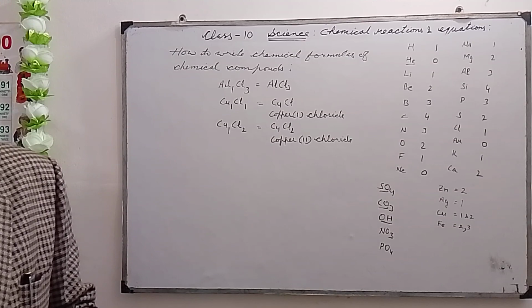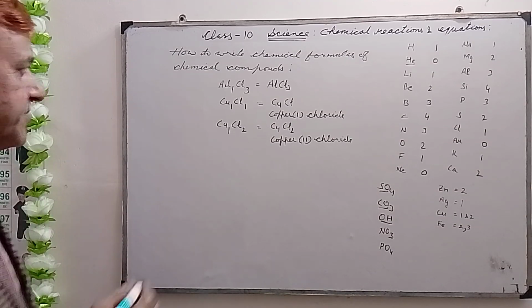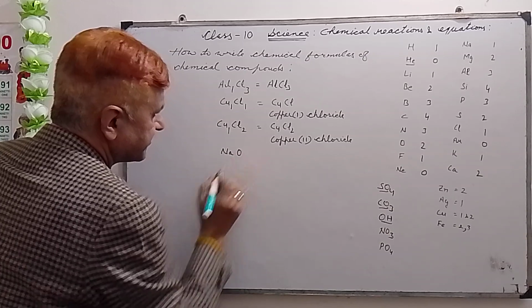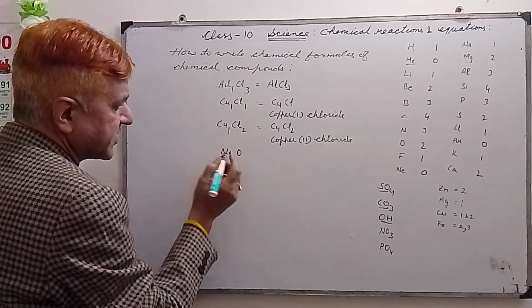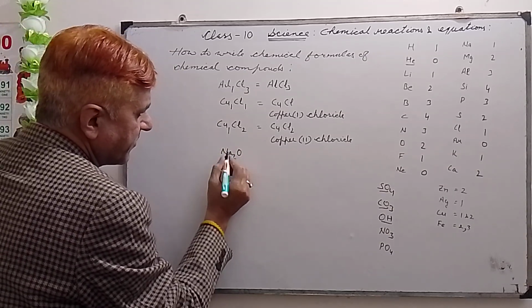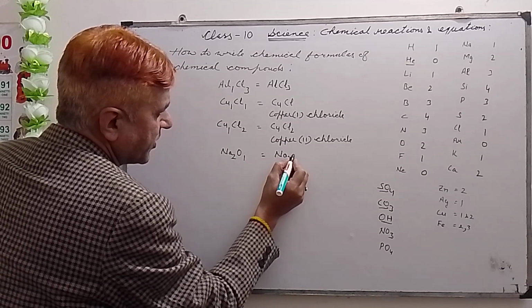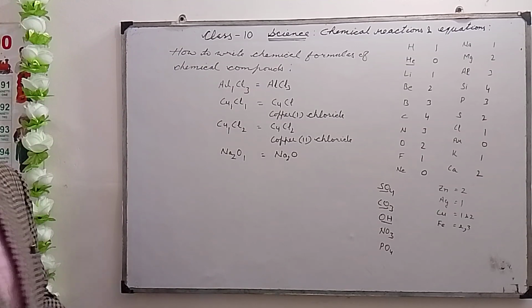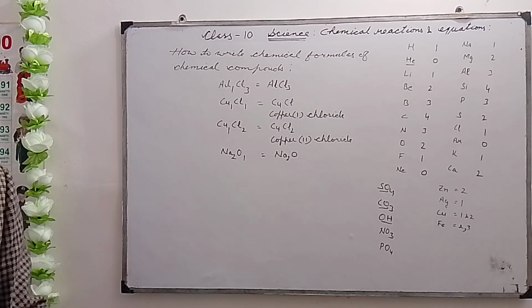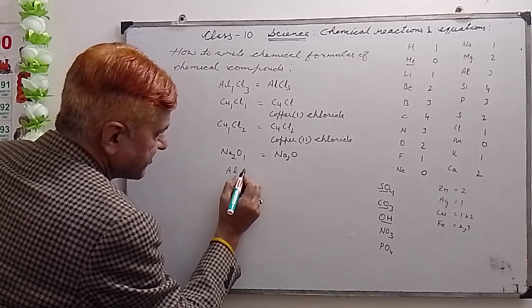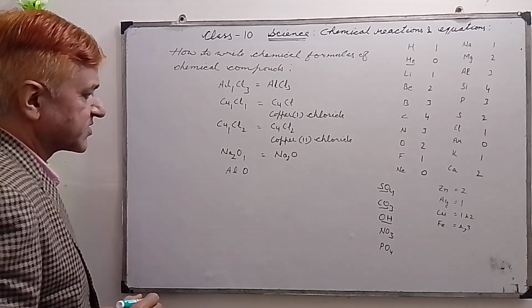Then we have sodium oxide. Now the valency of oxygen is 2, valency of sodium is 1. So Na2O. Then we have aluminium oxide. Aluminium oxide is made up of aluminium and oxygen atoms.